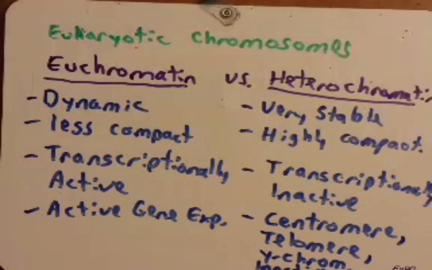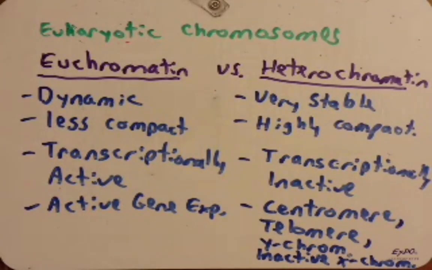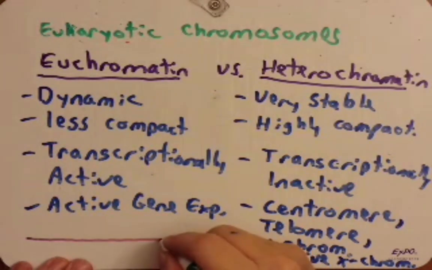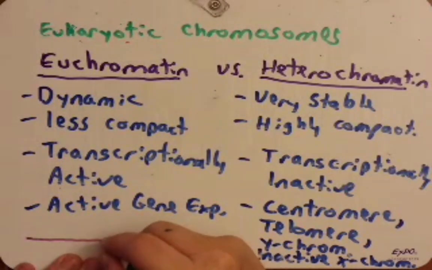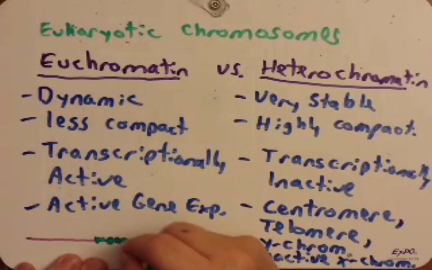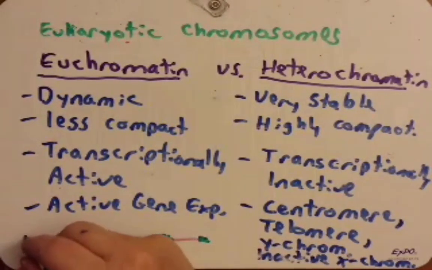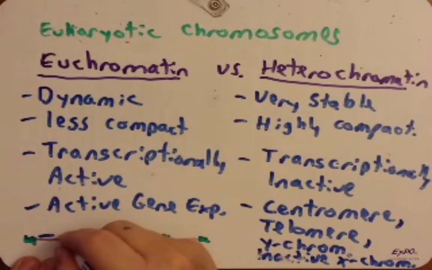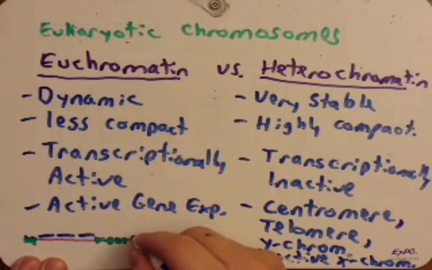It's also important to point out that you could have a chromosome, and I'll just draw it like so, as a squiggly green line here, where parts of it are heterochromatin around the centromere and on the ends, but the rest of it is euchromatin, where we have active genes.